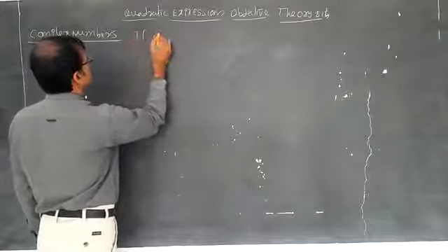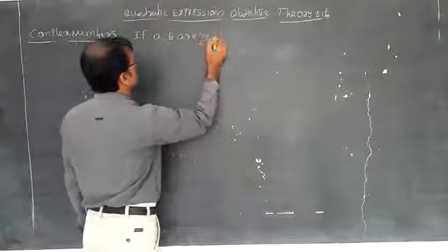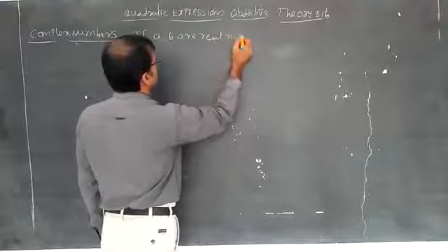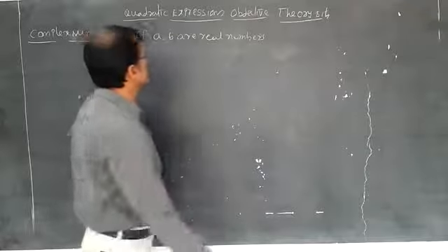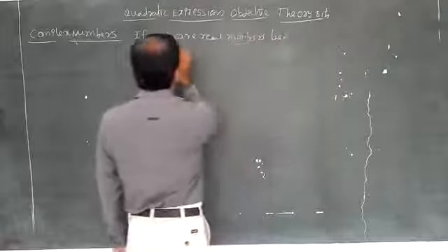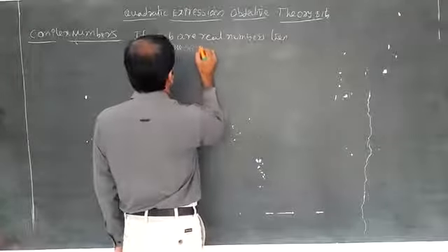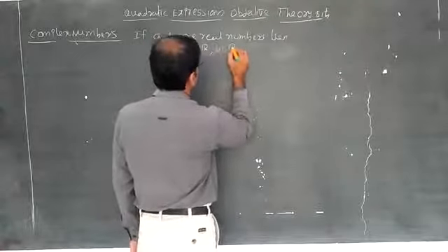If a, b are real numbers, then that means a belongs to real R and b belongs to any real number.